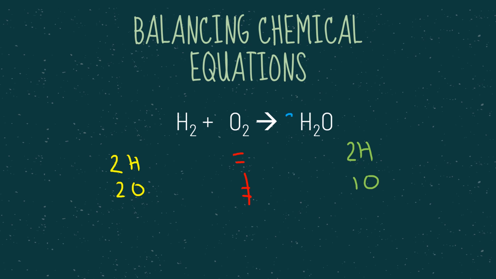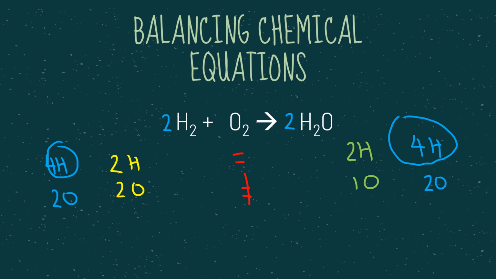So we're going to add 2 in front of H2O, and now this gives us 4 hydrogen and 2 oxygen. In order to balance this, we need to double our hydrogen, but for oxygen, we have enough. So now on the left hand side, we also have 4 hydrogen and 2 oxygen. Since these are the same, we now have a balanced equation.